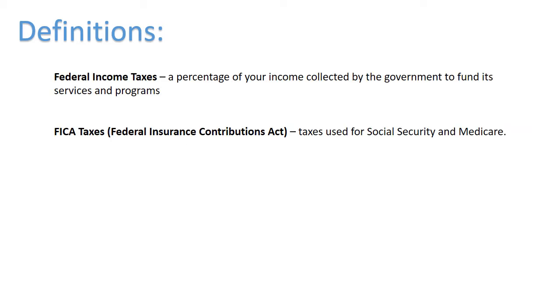Now, your federal income taxes are a percentage of your income that our government collects to fund all of its services and programs. But the FICA taxes, FICA, stands for Federal Insurance Contributions Act. This was passed so that money is collected from each employee, and it's used for your Social Security and Medicare benefits.